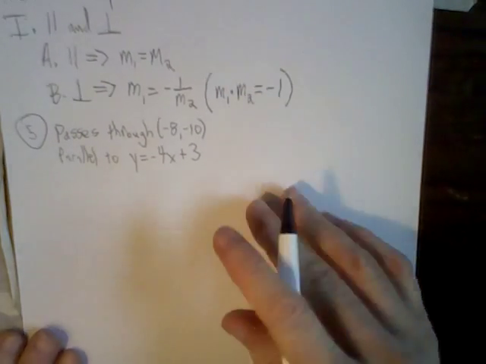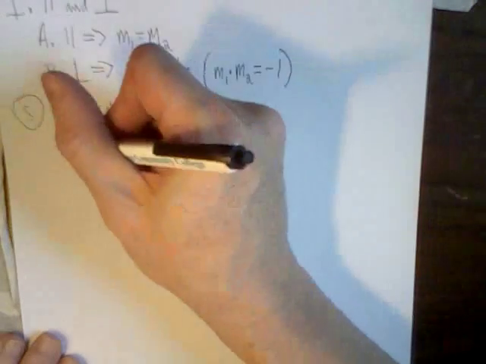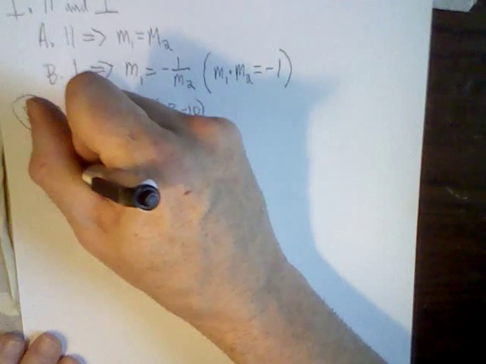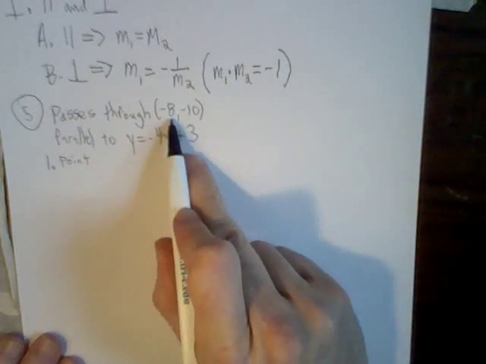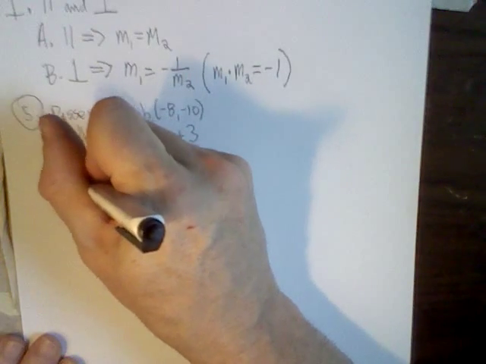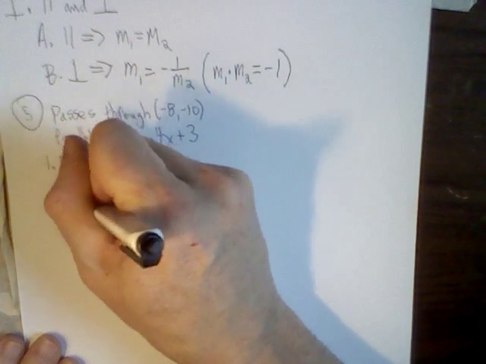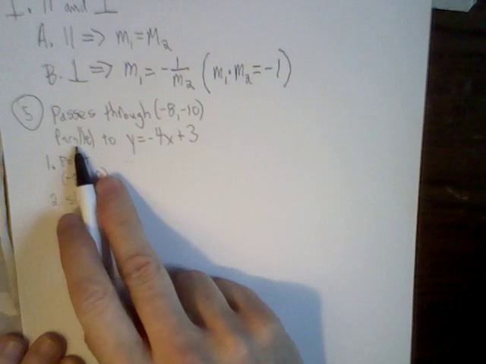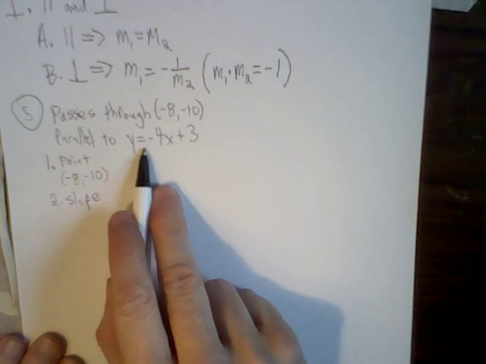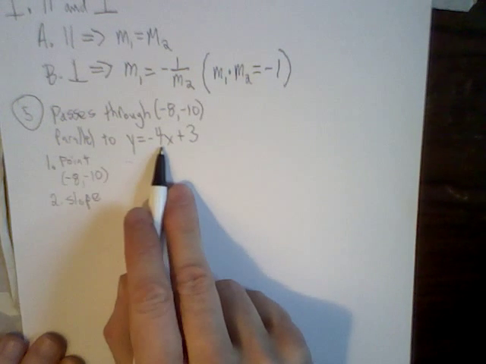Okay. So to do our equation of a line, we're going to need a point and a slope. So first off, the point is given, right? So the point is given as -8, -10. So we have that down. Secondly, we want to find the slope. And because we know our line is parallel to this line, it tells us that it will have the same slope as this line has.